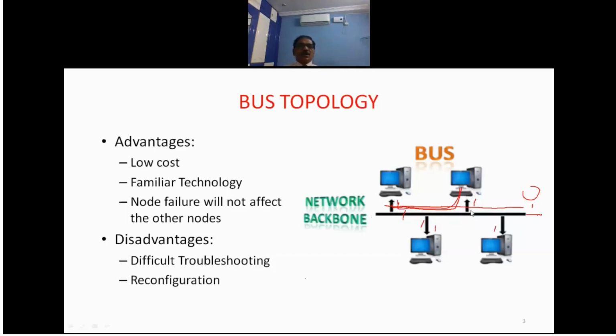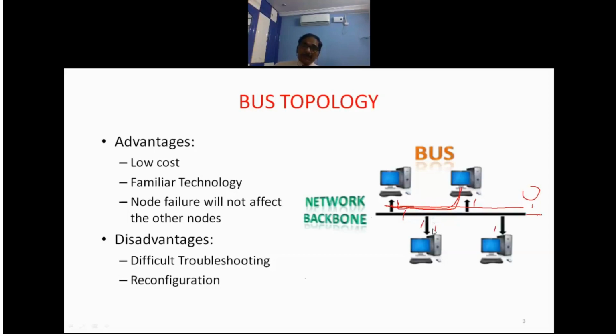As a result, cost is very less. This is why small organizations will prefer this. More or less all the small organizations will be preferring this. It's a familiar technology, known by most people, almost all the people know about this particular topology, whoever wants to have a network. So that is why.